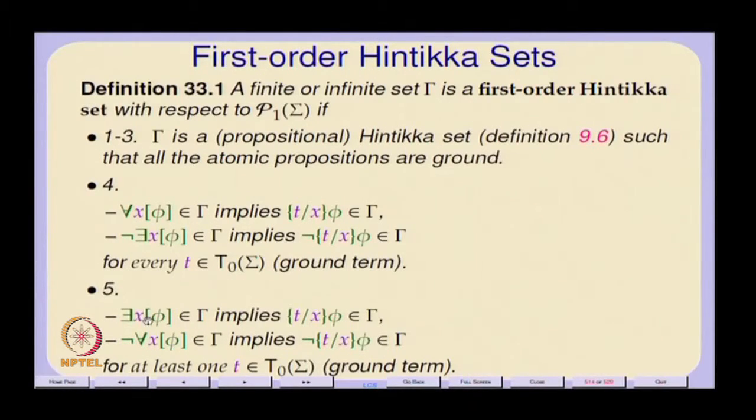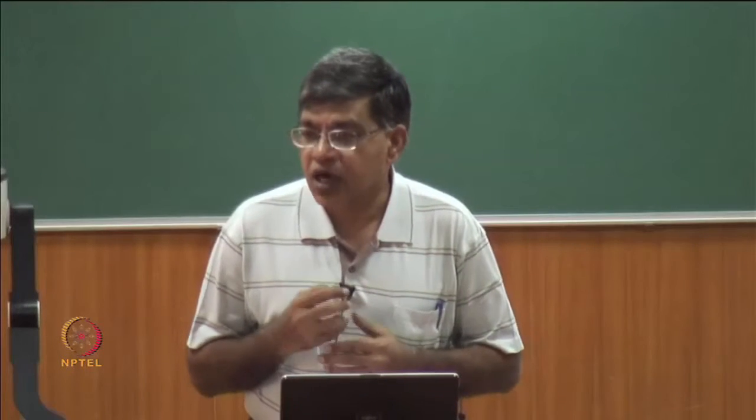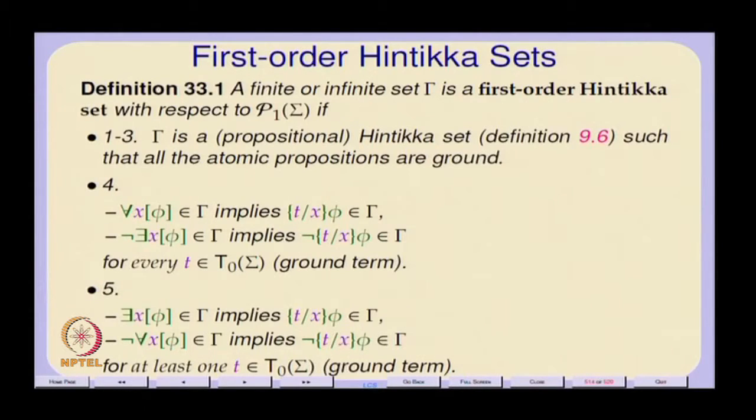In the case of the existential quantifier and negation of the universal quantifier, all you are asking of course is that there should be at least one term which is ground, which should be included in the set, for the set to be a Hintikka set.